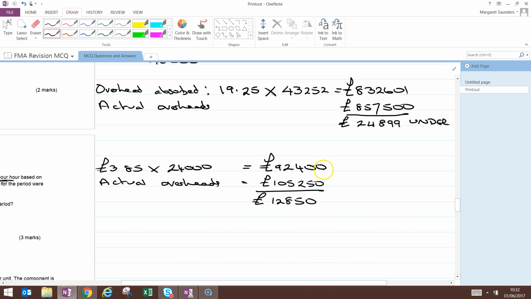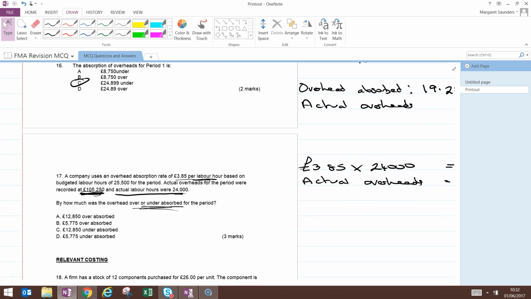And again, if we look at the figures, we absorbed 92,400. That's less than the actual, so it's under the actual. So we've under absorbed 12,850 under. Answer C. So again, in this question, we were given one figure, those budgeted labour hours, that we didn't need. So it is testing that you know which figure to pick out of the question. So that's a quick recap over absorption costing.